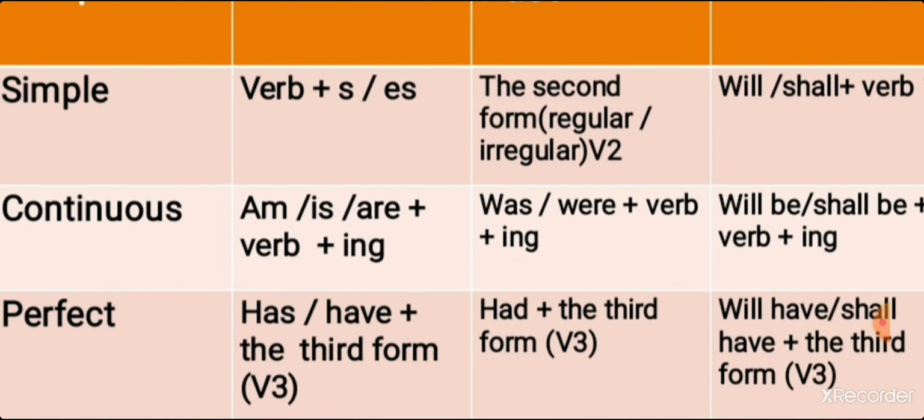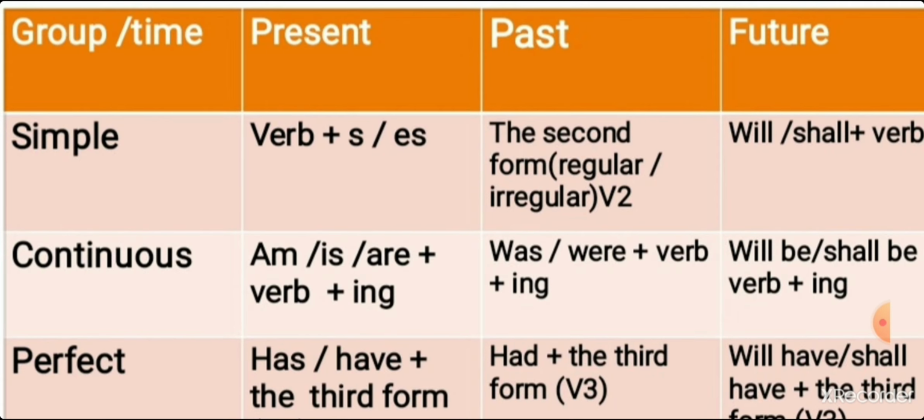Now students, when we talk about past, to make simple past tense, or we can say the past indefinite tense, we use the second form of the verb, like you wrote a letter.